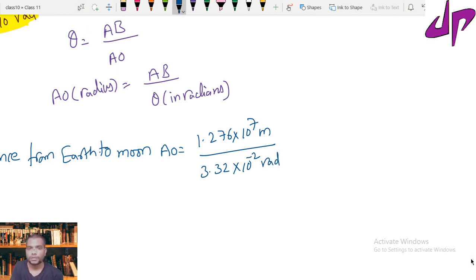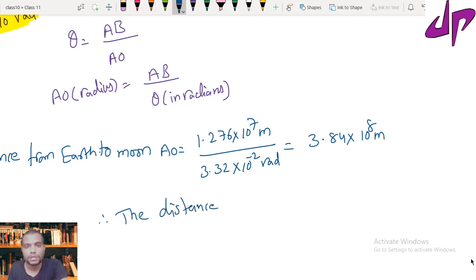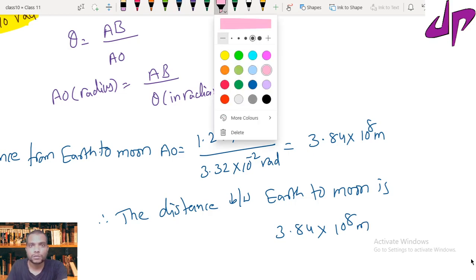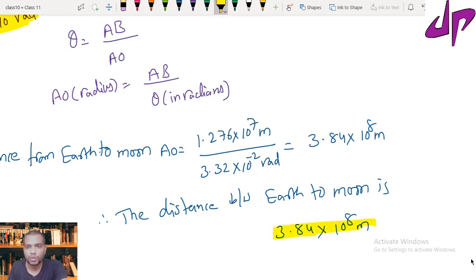If you do this calculation and simplification yourself, you reach a value of 3.84 times 10 power 8 meters. Therefore the distance between earth and moon is 3.84 times 10 power 8 meters. This is the final result we needed to calculate.